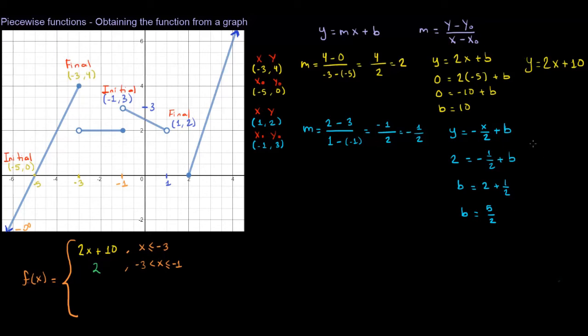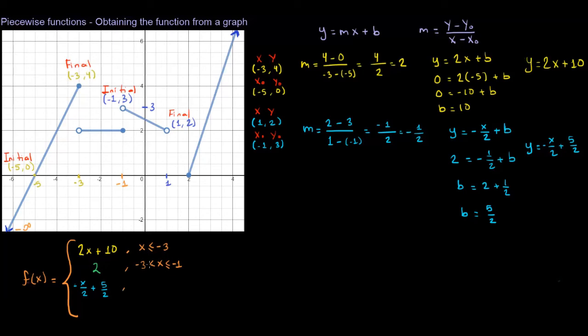So I'm going to write here, we got the value of b, we got the value of m. The final equation will be negative x over 2 plus 5 over 2. Now that I got that, I'm going to write it in here. The piecewise function is going to be negative x over 2 plus 5 over 2, and then we got to write the interval.